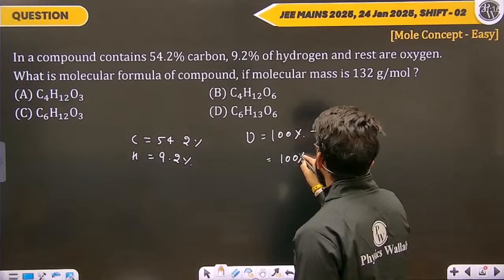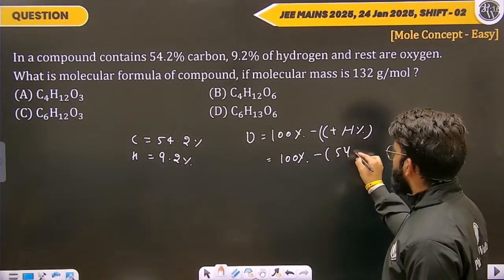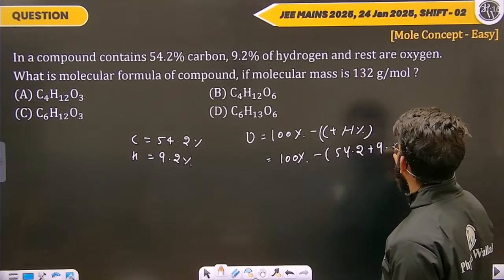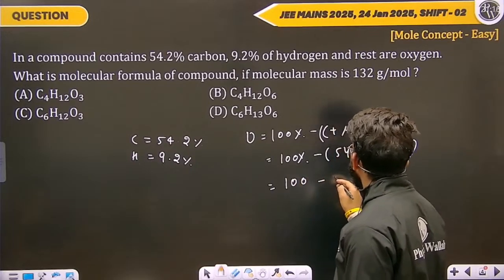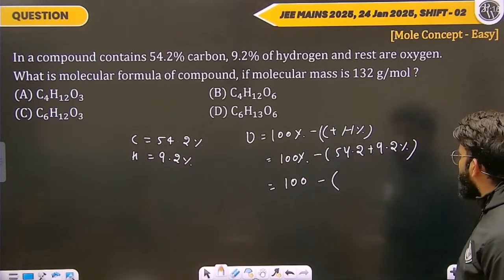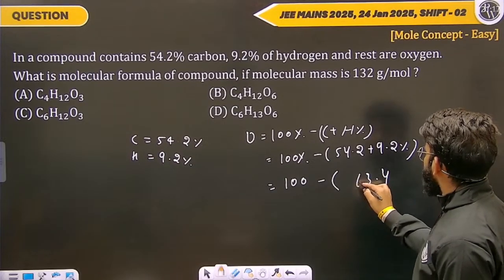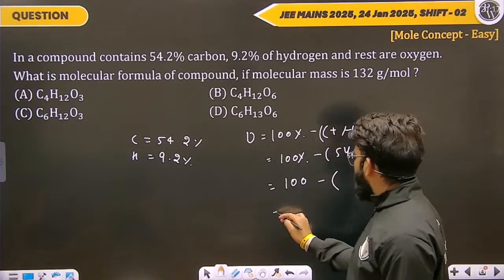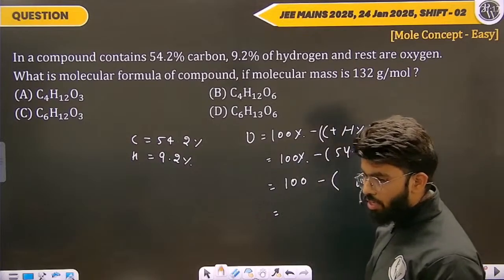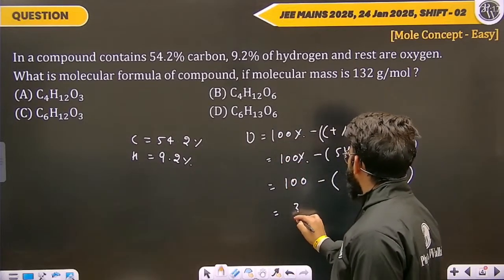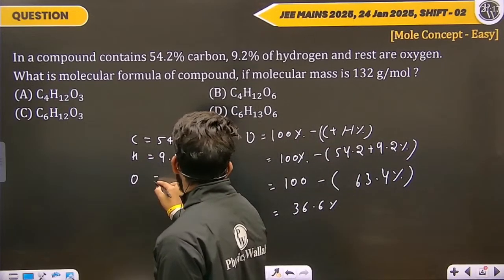100% minus 54.2 plus 9.2 is 63.4%, so it will be 100 minus 63.4, which is 36.6%. Now we have oxygen as 36.6%.